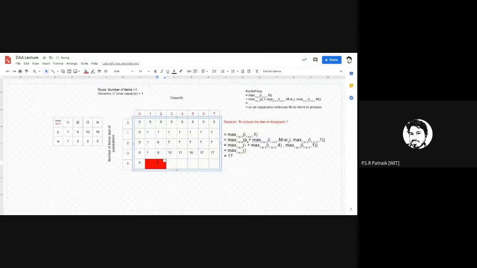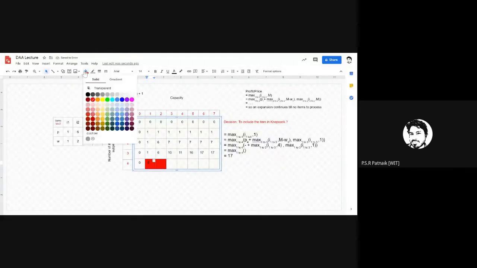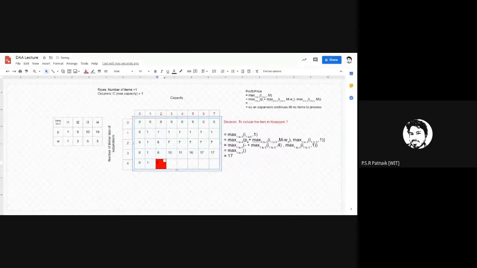So tell me till where we have to move. Can you tell me what's the solution for this? Yeah, Gurunath has responded. So the answer will be 6.